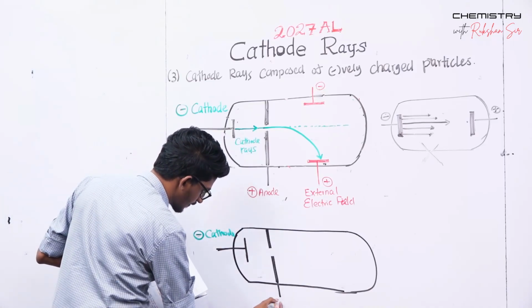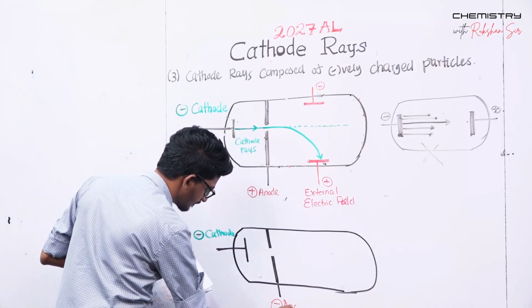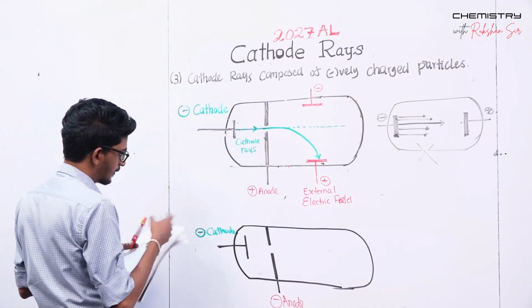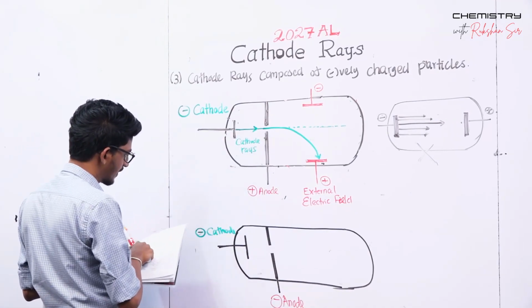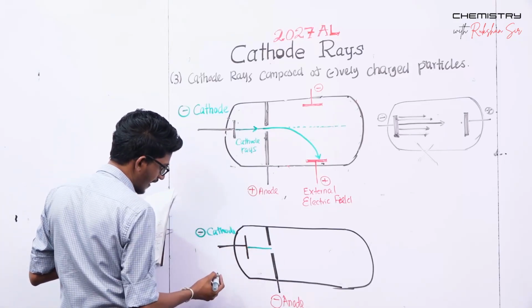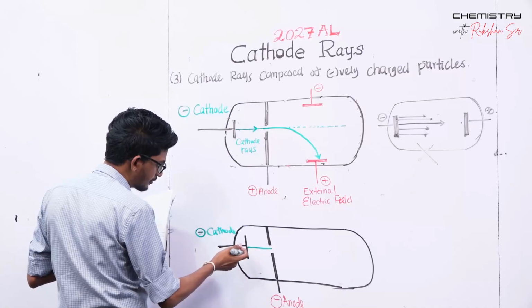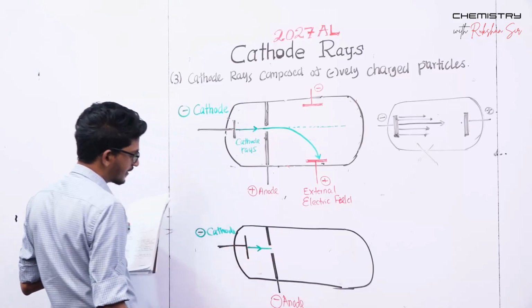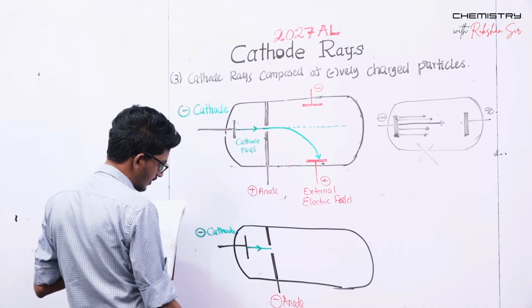This is your anode. So cathode rays will emit from the cathode and travel towards the anode. I am just concentrating on the specific cathode ray which is coming directly towards the tiny hole of the anode.